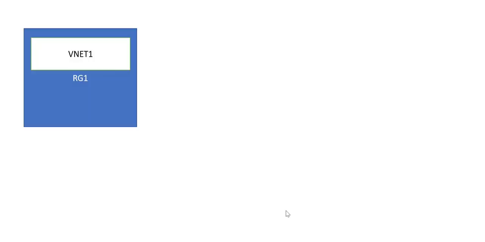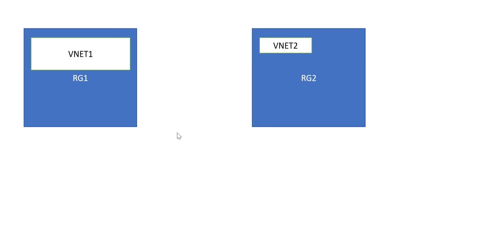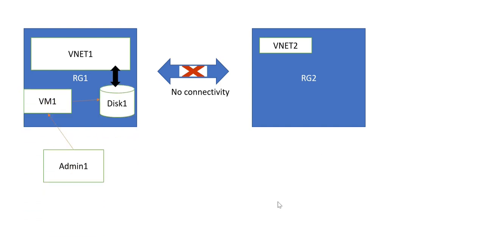You have VNet 1 on resource group 1, and then you also have VNet 2 on resource group 2, and there is no connectivity between these two resource groups or these two VNets. Now admin 1 creates a VM1, and the data of this VM is in disk 1, which is in VNet 1.